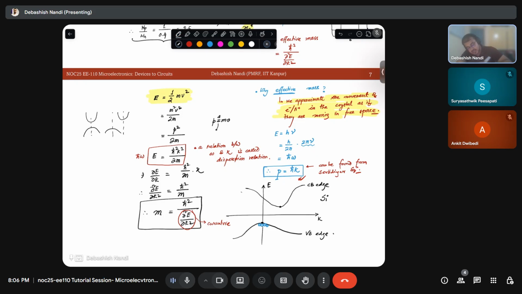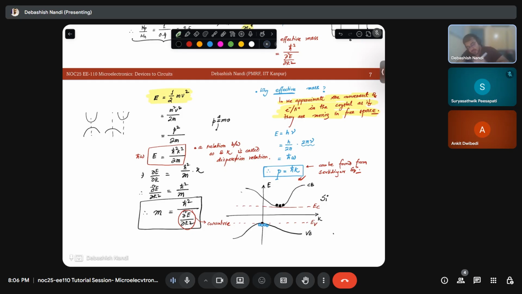And where do the electrons reside? Electrons reside at this lowest part in the conduction band. So this is your conduction band, this is your valence band, and these are the edges. This is your EC, this is your EV. Okay.